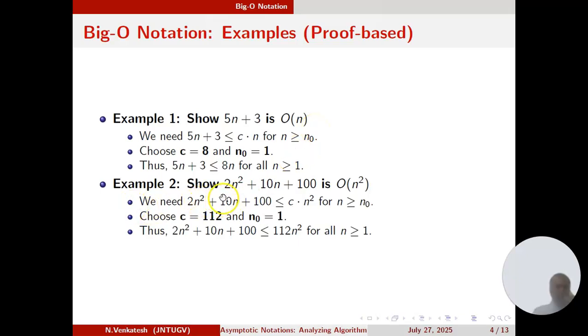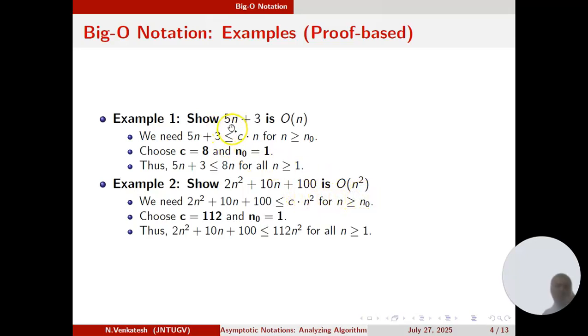Similarly, 2n square plus 10n plus 100 is also less than or equal to some c into n square. If we choose c as 112, this is always less than or equal to 112 n square for all n greater than or equal to 1. So we can say that 2n square plus 10n plus 100 is BigOh of n square.